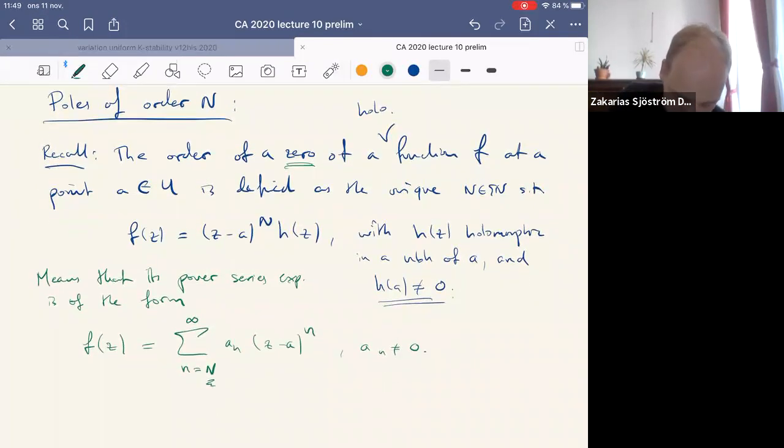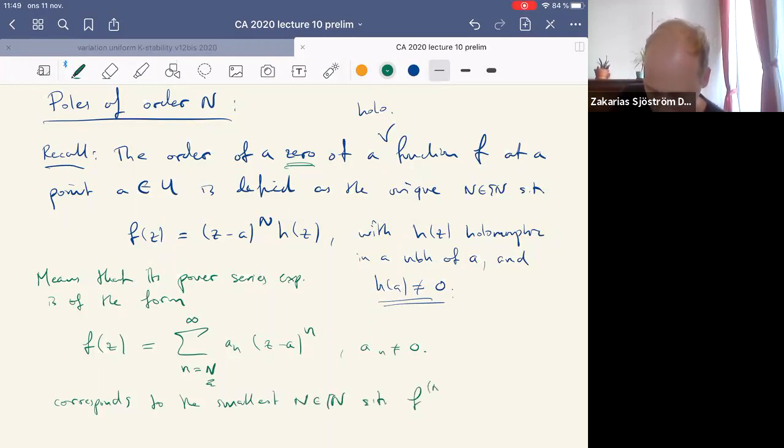So it means that this corresponds, because what is the a_n? Well, it's the nth derivative, right? So it corresponds to the smallest natural number n such that the nth derivative doesn't vanish, because it corresponds to the first non-zero coefficient here, right?